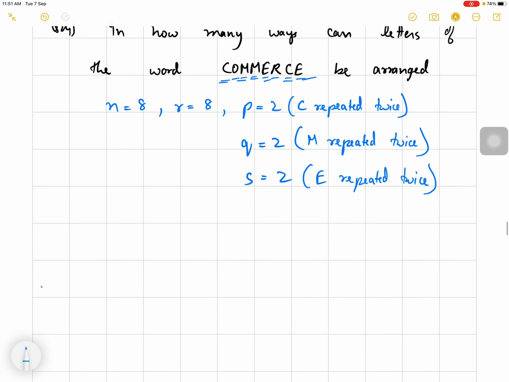So here the formula will be NPR is equal to N factorial divided by N minus R factorial, P factorial, Q factorial and S factorial.